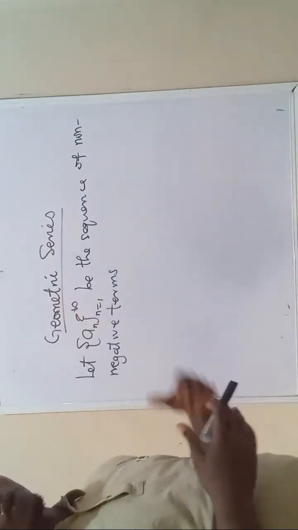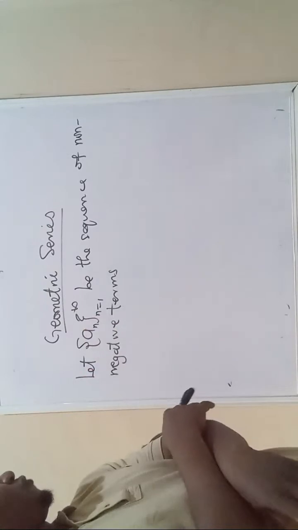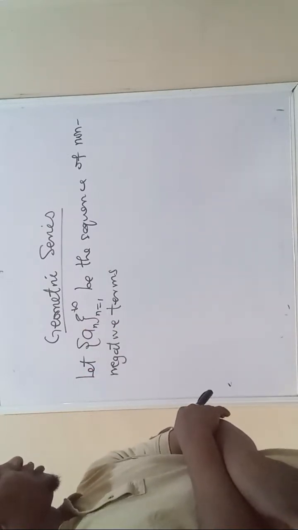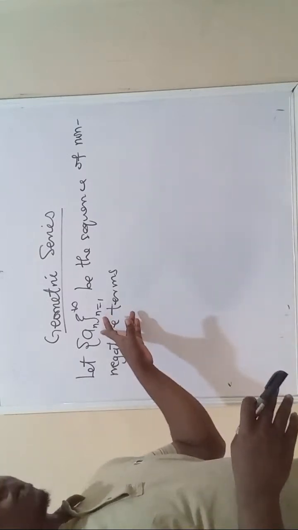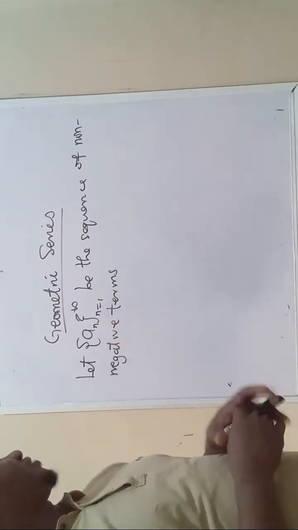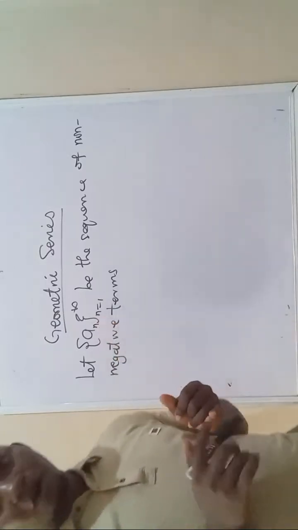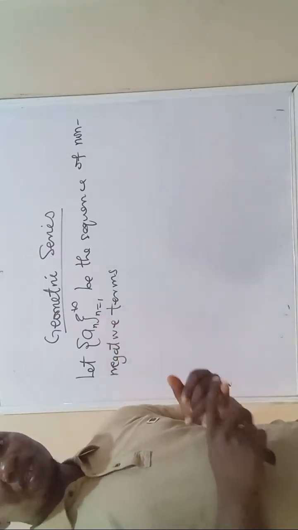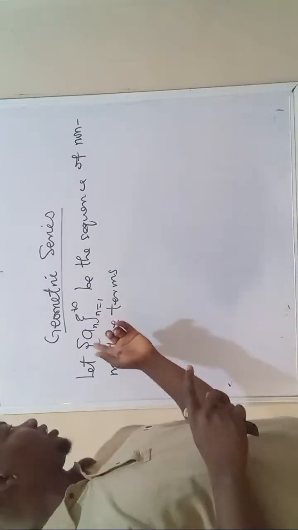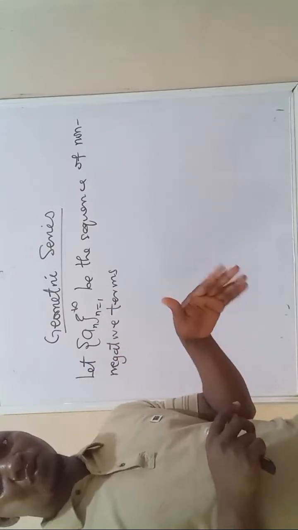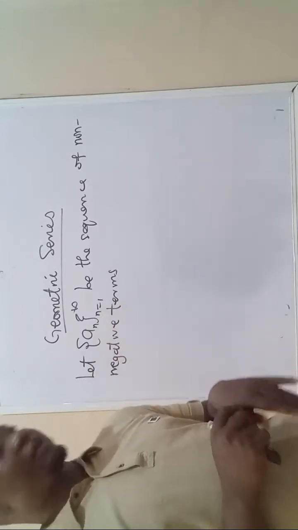We want to look at what form of series we have when we say geometric series. Here we consider a sequence of non-negative terms. What it means is that each term of this sequence is non-negative, so all the items in this sequence can either be zero or a number more than zero. We can't have a negative number.